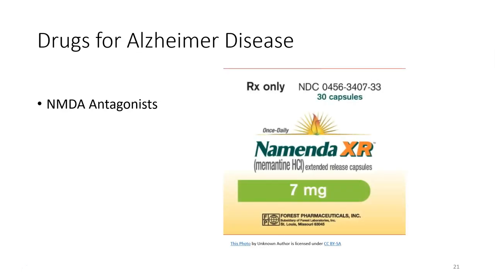The drug is memantine, which is known by the brand name Namenda, and NMDA is part of the brand name. So it almost sounds like Namenda, NMDA, they sound similar. This drug is used for moderate to severe Alzheimer's, and sometimes the patient will take something like Aricept or rivastigmine along with Namenda.